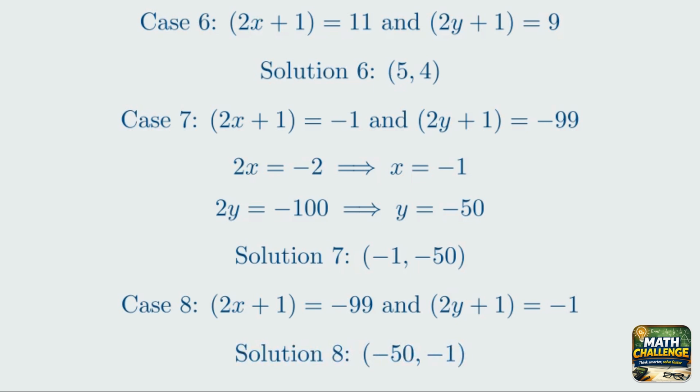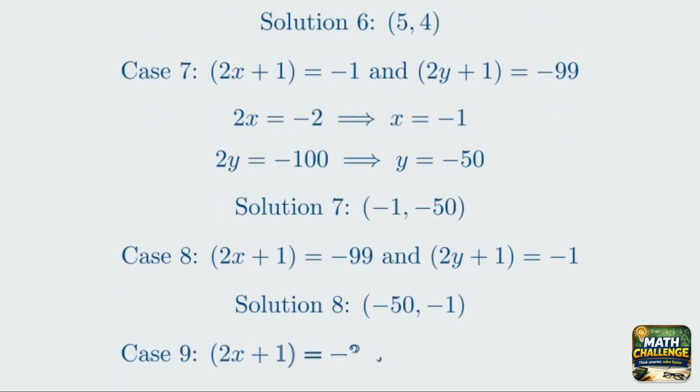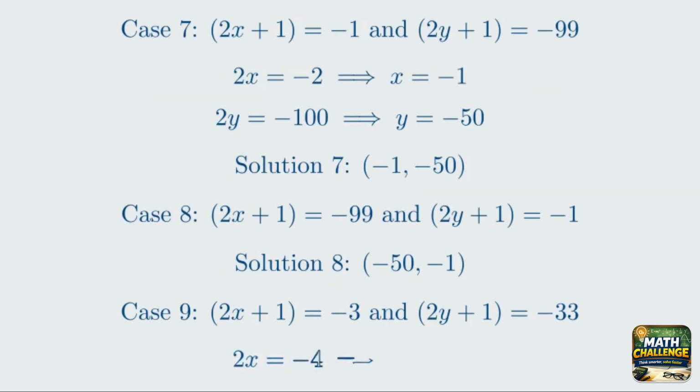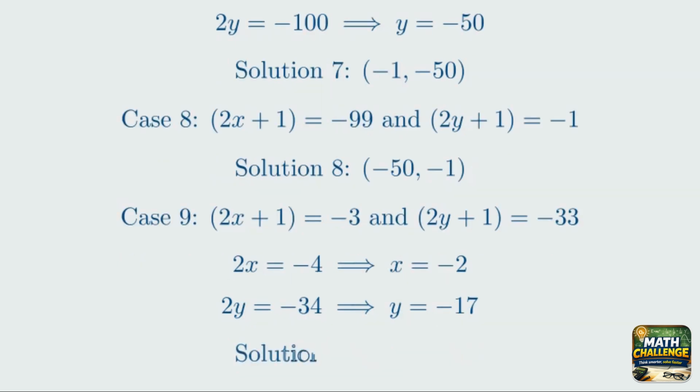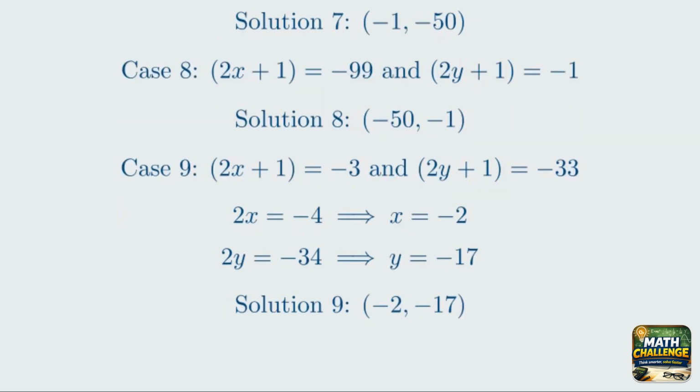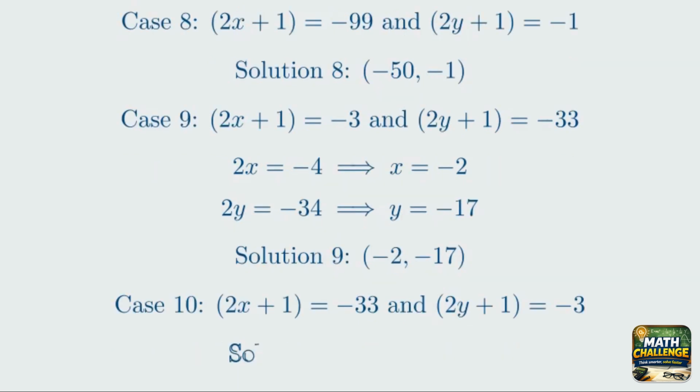Let's try the next negative pair, -3, -33. 2x plus 1 equals -3, so 2x is -4, meaning x is -2. 2y plus 1 equals -33, so 2y is -34, meaning y is -17. This solution is -2, -17. And the reverse, -33, -3, gives us -17, -2.